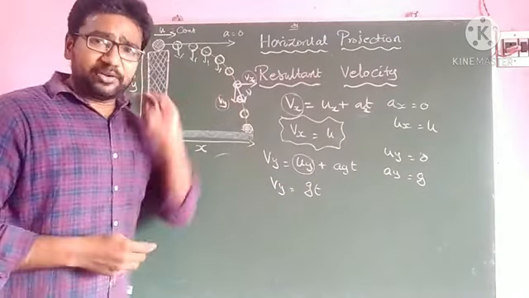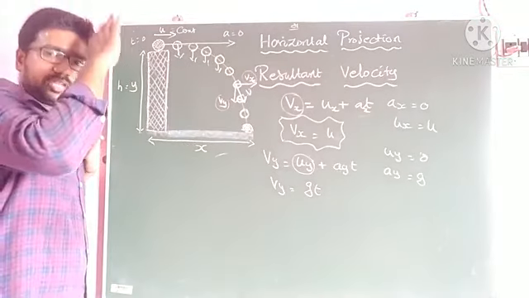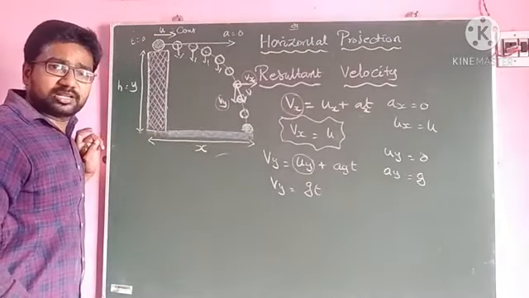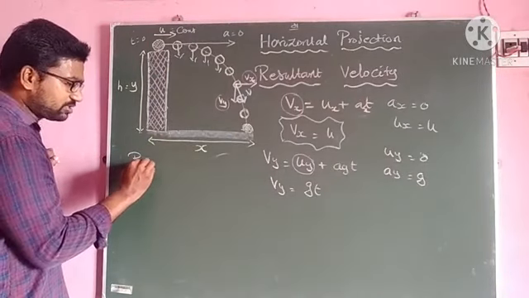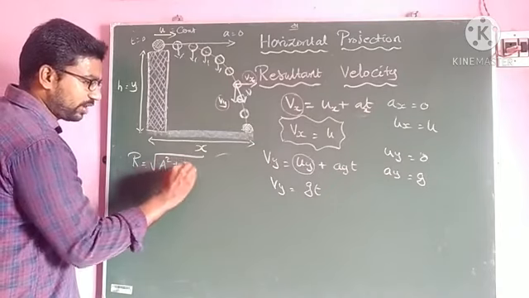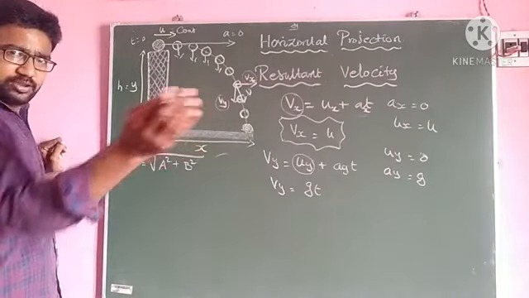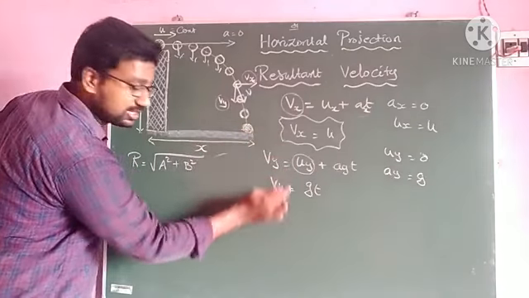Now we can easily find the resultant velocity. What is the resultant velocity? By the parallelogram law of vectors, the magnitude of the resultant vector R is equal to root of a square plus b square. Am I right, students? You can substitute the values of a and b. Here a and b are Vx and Vy.